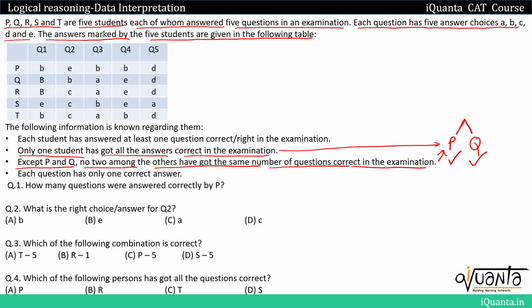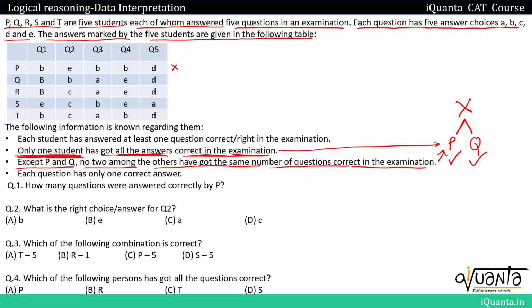But if both P and Q answered all the questions correctly, then the second clue is violated, which said that only one student has got all the answers correct. So that means neither P nor Q can be the ones who have answered all the questions correctly.